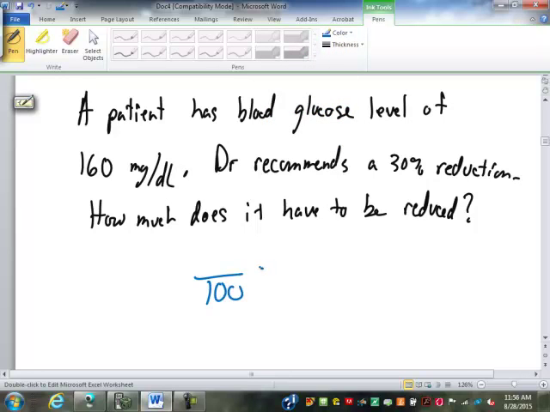Obviously, we're dealing with percents. There's going to be something over 100. There'll be something on the other side. Do we know the percent? 30. So 30 over 100. The 30 represents the reduction.